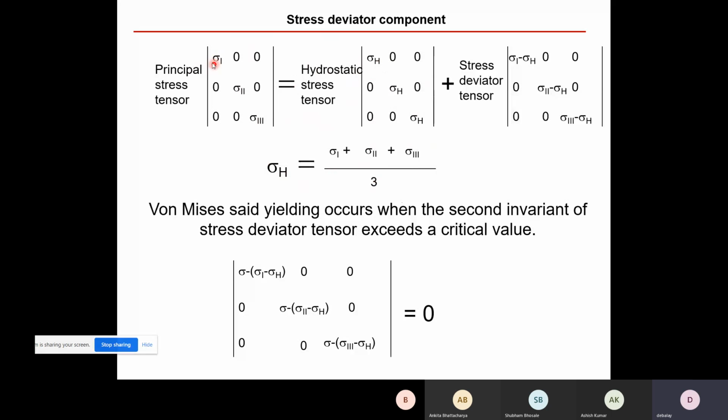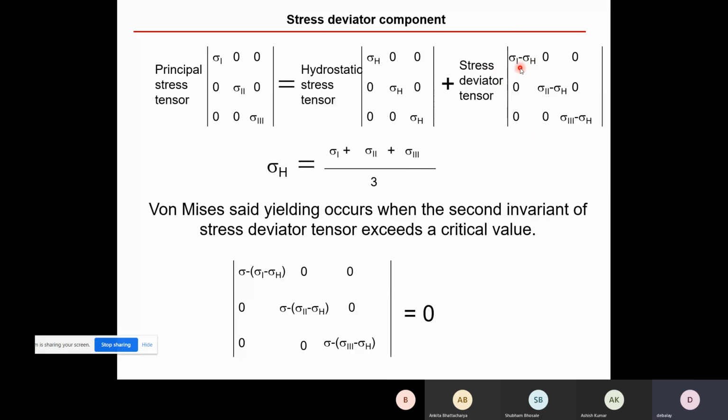So the first term is sigma 1 minus (sigma 1 plus sigma 2 plus sigma 3) by 3. What will be the value? Sigma 1 minus sigma h. This is called the stress deviator tensor. So the first term will be (2 sigma 1 minus sigma 2 minus sigma 3) by 3.